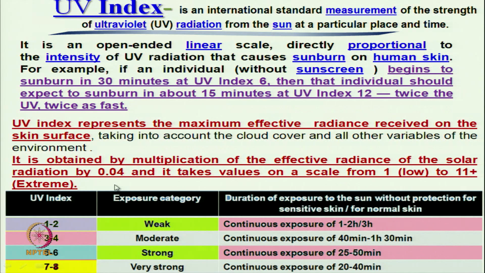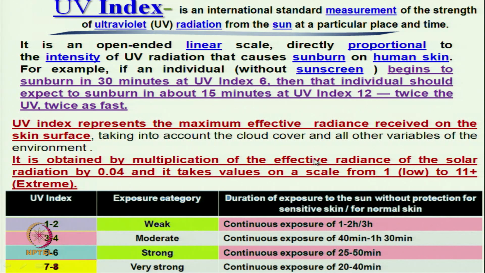But typically, if we multiply by 0.04, that means we divide by 25. Whatever the UV radiation comes, we multiply with the weightage, and then we divide. And why do we divide by 25? Just to have a value within a scale of 1 to 11 or 1 to 15.